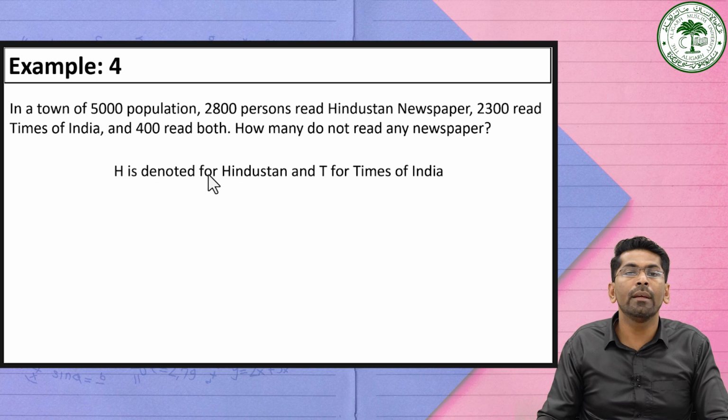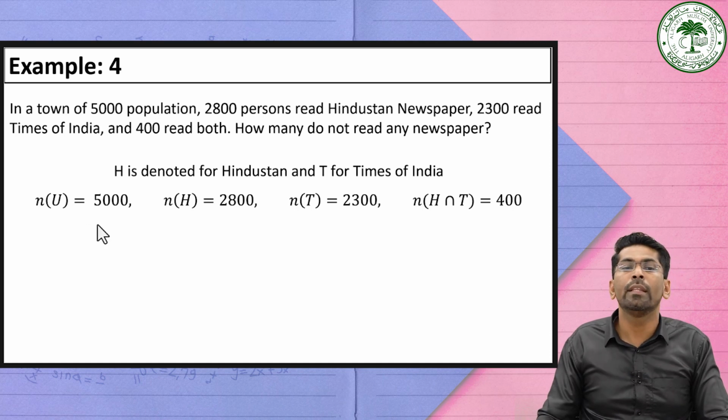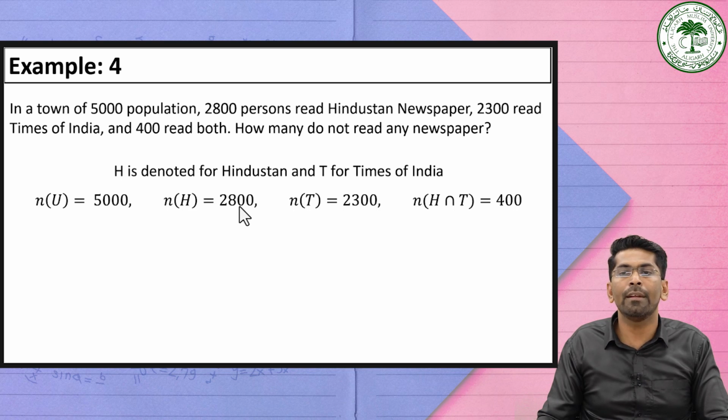Here I am denoting H for Hindustan and T for Times of India newspapers. The total population, that is the number of elements in the universal set, is equal to the total population in the given town, that is 5,000. And then the number of people who are reading Hindustan is equal to 2,800.